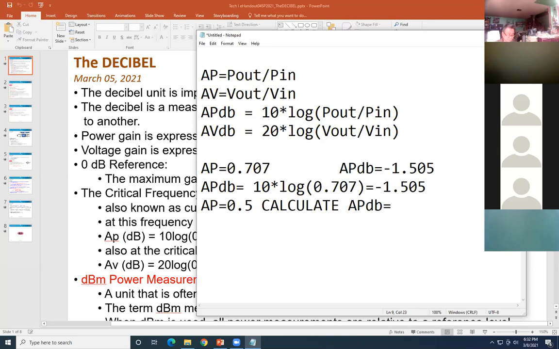If I give an AP of 0.5, is it negative 3.1? Minus 3.01 dB, if you're doing the calculation right. Minus 3.01, right? dB.